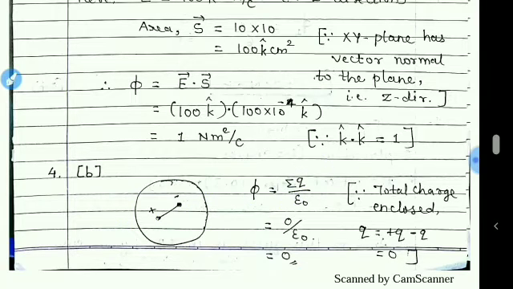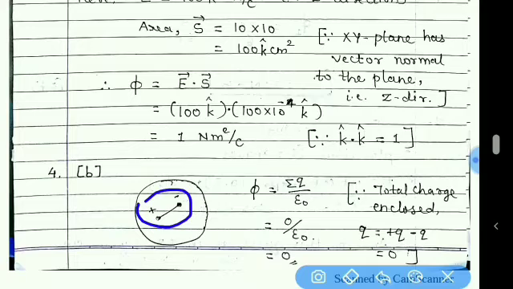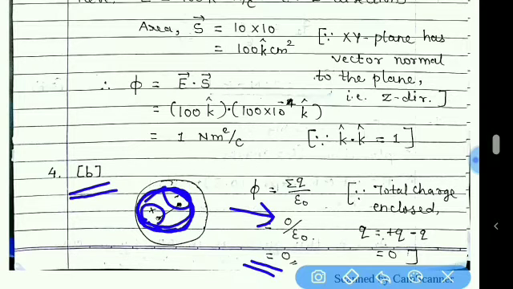So the total charge enclosed in this sphere, one is positive and the other is negative, and they have the same magnitude because it is a dipole, and so the total or resultant charge inside this sphere is 0, and 0 divided by anything is 0. Hence option number B is correct, which is 0.